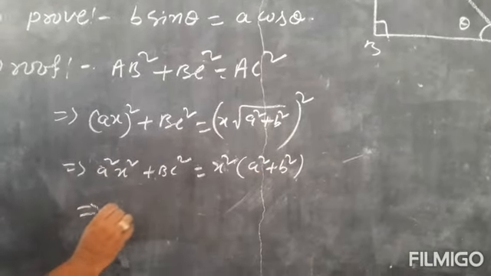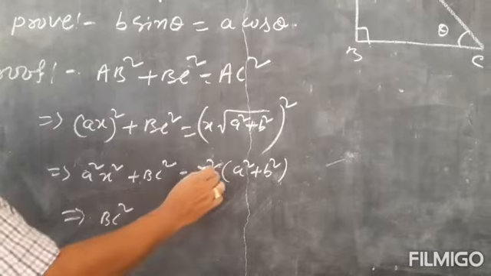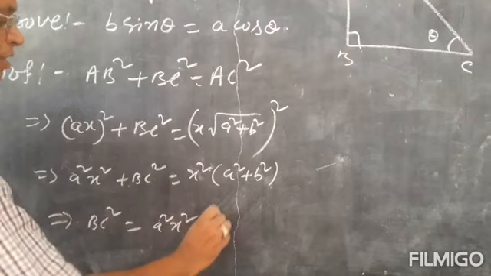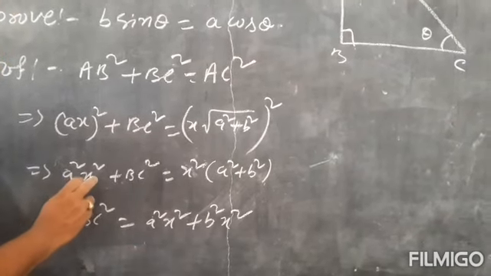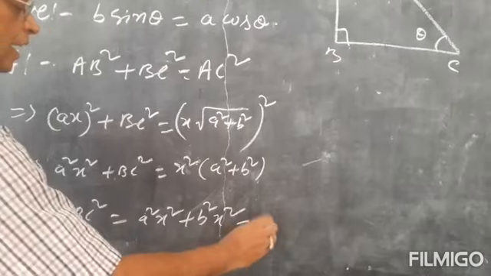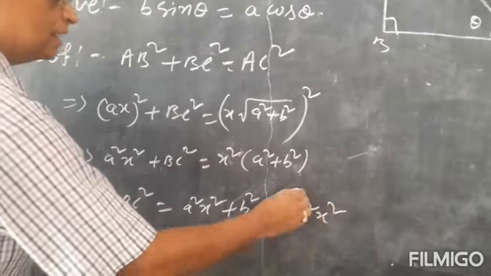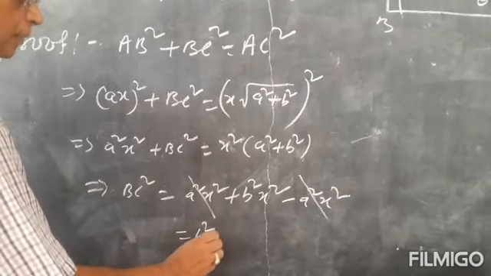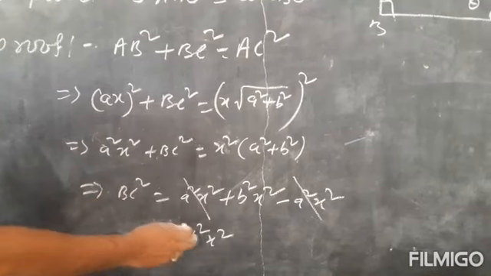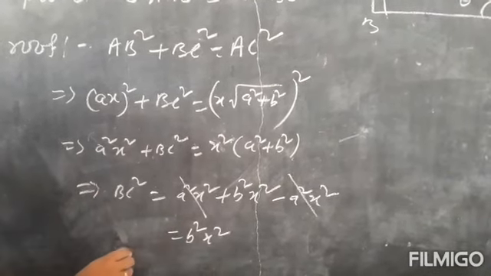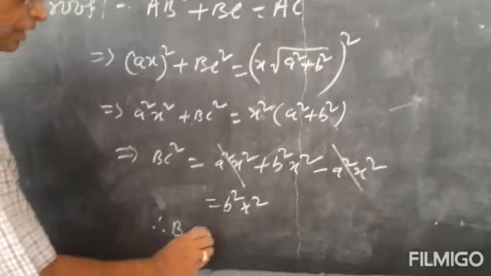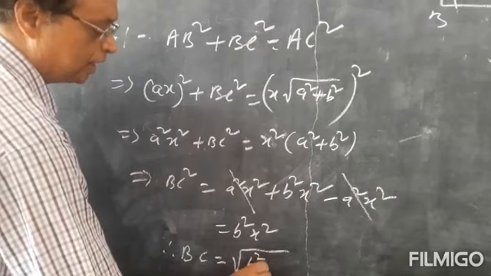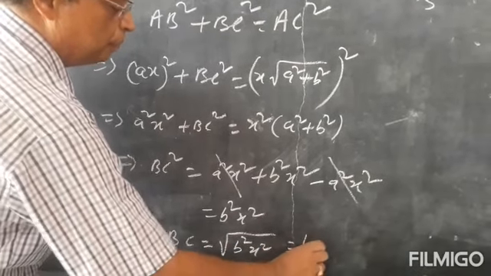Now this implies BC square is equal to A square X square plus B square X square, then take this to that side, minus A square X square. So A square X square cancelled. What is left? B square X square. So BC square is B square X square. Therefore, how much is BC? Root over B square X square, that is equal to BX.